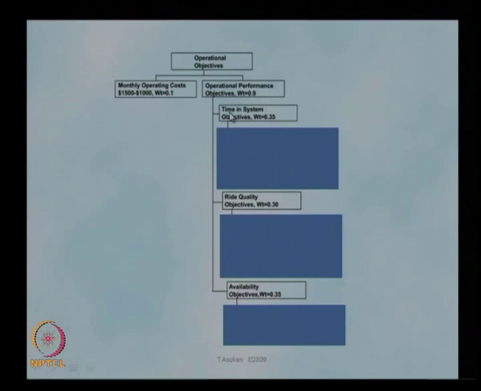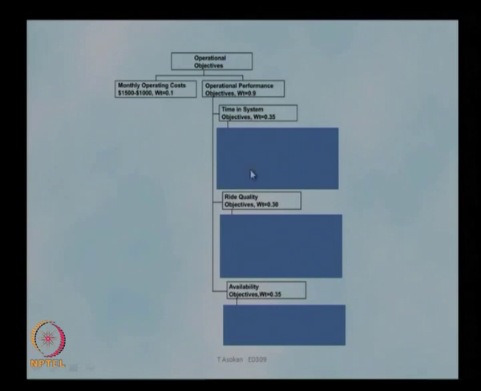In the case of an elevator, we can find out how much time is taken by the elevator to move from one floor to another, which is represented in terms of time in system. Similarly, ride quality is how comfortable the ride is inside the elevator, and availability is how much it is available to the passenger whenever it is needed. So these are the 3 things which decide the operational performance objective.